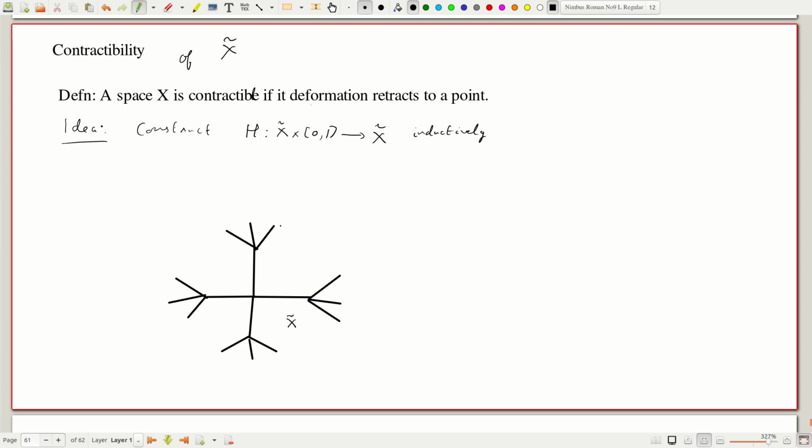But x tilde cross [0,1] can be drawn in a very similar way: I'll just take a tree, again a purple one, which sits above this. Goes here, goes here. So this is the copy of x tilde cross 1, deliberately sitting above this. And let's draw in this light cyan color the edges sitting above this.